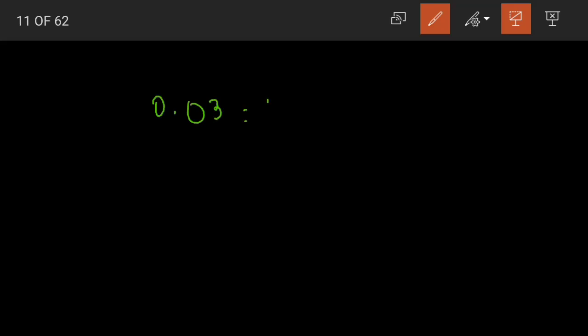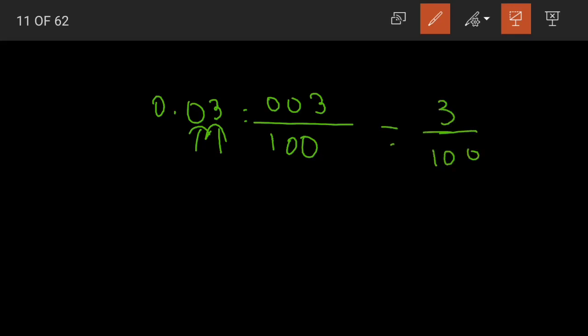How do we represent 0.03 as a fraction, children? Write the number without the decimal point, divided by 1 followed by zeros according to the number of decimal places. The number has 2 decimal places, so after 1 we'll write 2 zeros. 003 by 100 is nothing but 3 by 100.